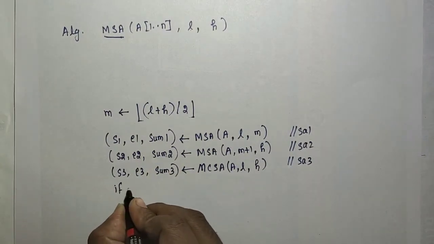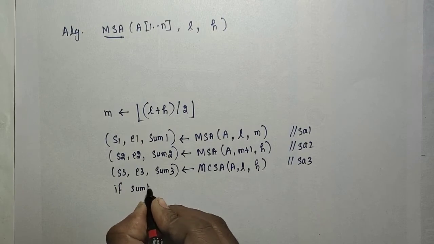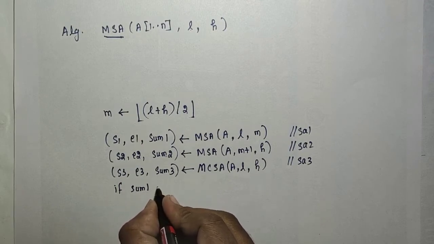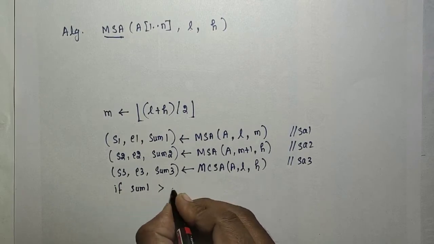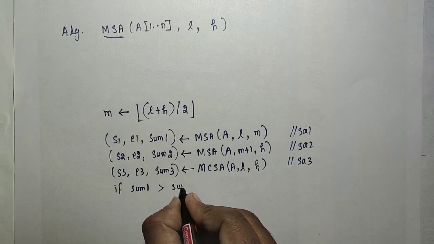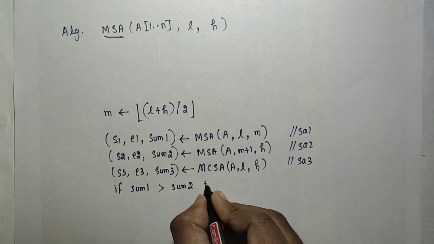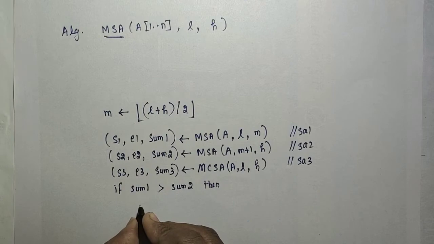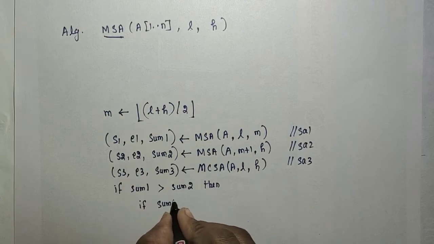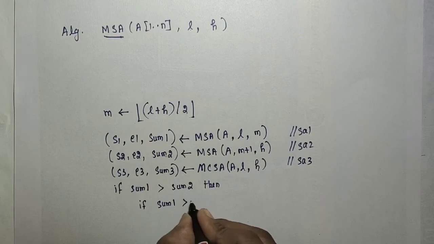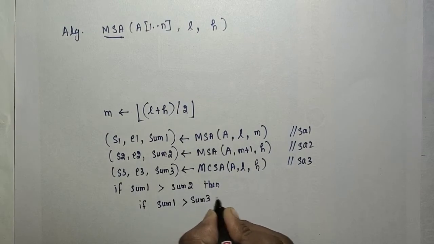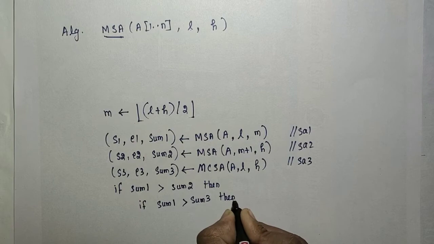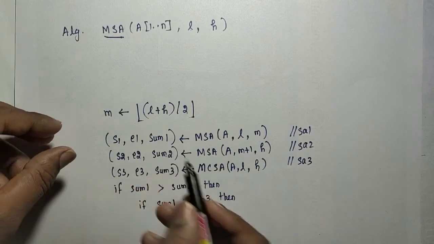Just compare sum 1 with sum 2. If sum 1 is greater than sum 2, then sum 1 has to be compared with sum 3. If sum 1 is greater than sum 3, then the maximum subarray is the first one, sum 1.